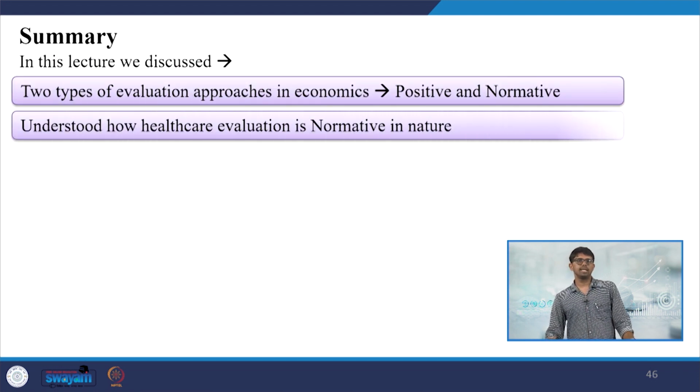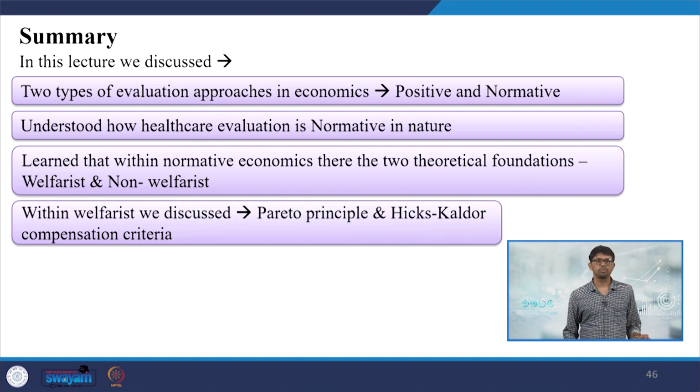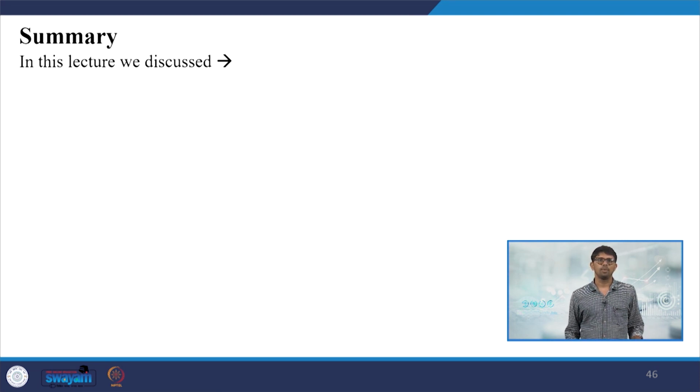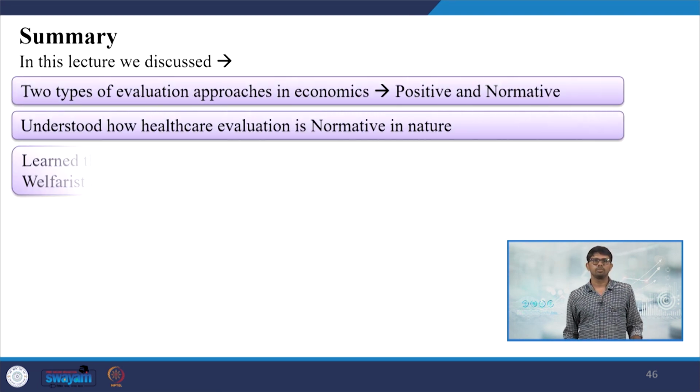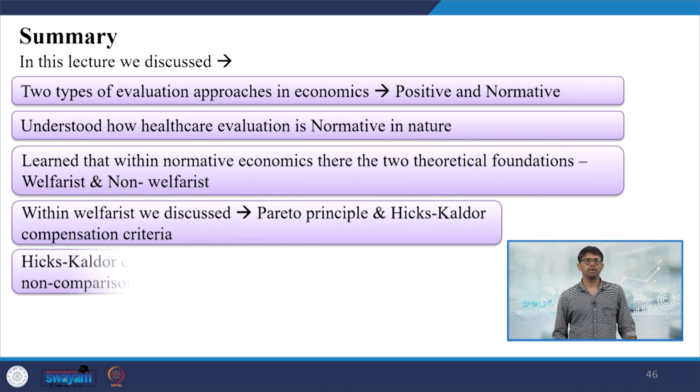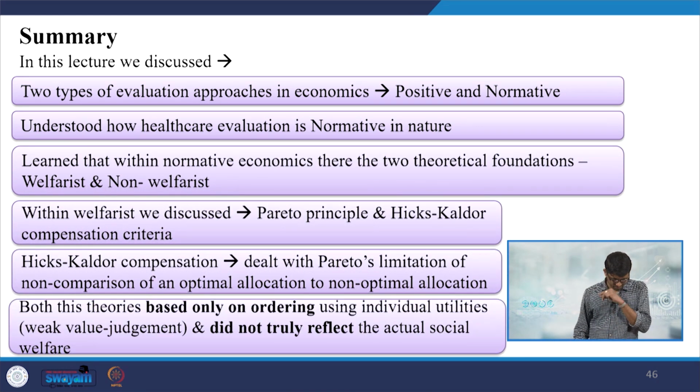Hence, in this lecture we discussed two types of evaluation approaches in economics, positive and normative. We understood how healthcare evaluation is normative in nature, and also within normative economics there are two theoretical foundations. One is called welfarist and the other non-welfarist. So far we have been discussing welfarist approaches of the normative economic discussions.